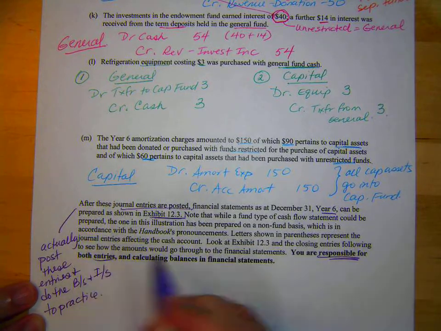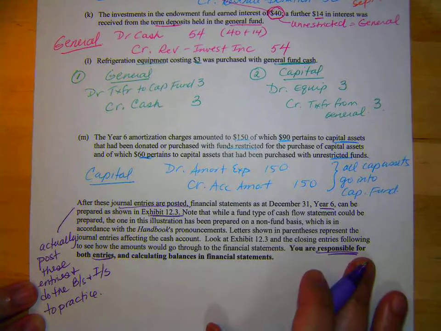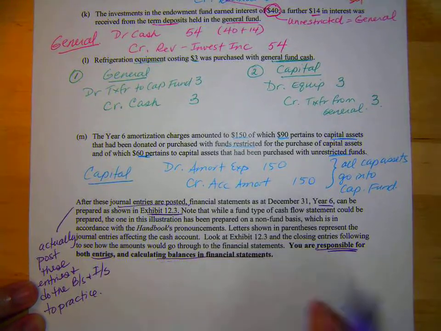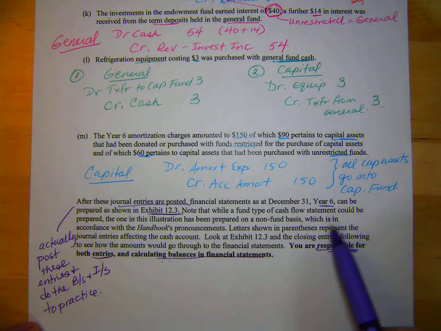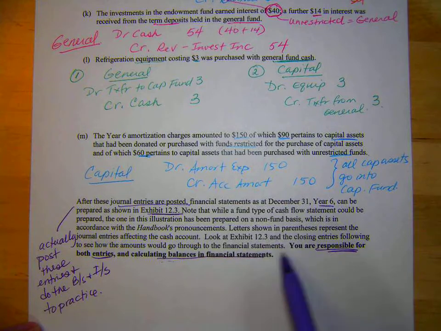You're responsible for entries, which are the harder thing. Posting's easy, calculating the balances. Blah, blah, blah. You can read that.